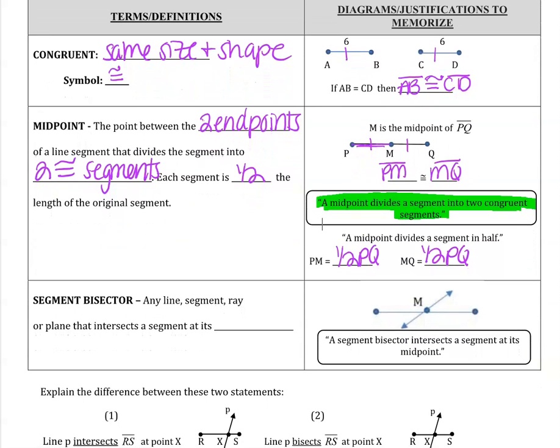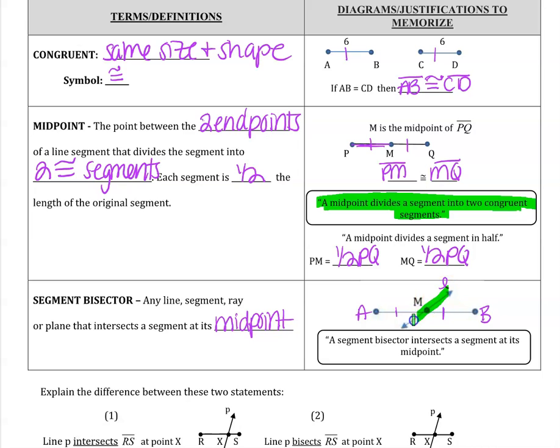A segment bisector is any line, segment, ray, or plane that intersects a segment at its midpoint. So over here, if this is line L and maybe this is line segment AB, L would be your segment bisector, where it's intersecting the segment at its midpoint. So I'm going to write off to the side here.